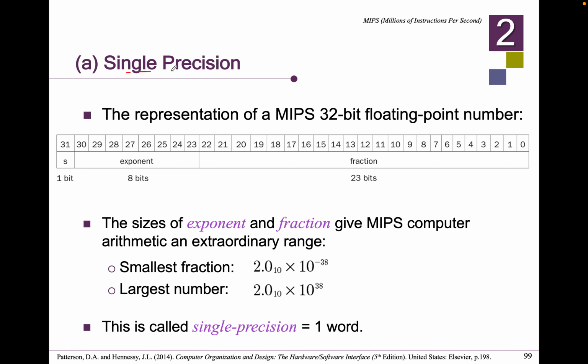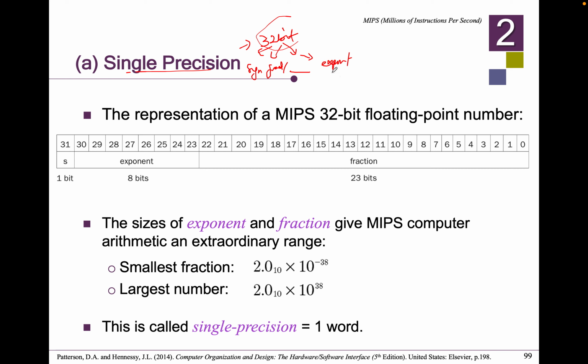In terms of single precision, you know already that it is 32 bits. For 32 bits, you need to divide it into several fields, similar to your previous format. You've got a sign, a fraction, or mantissa, and from here you also get the exponent.